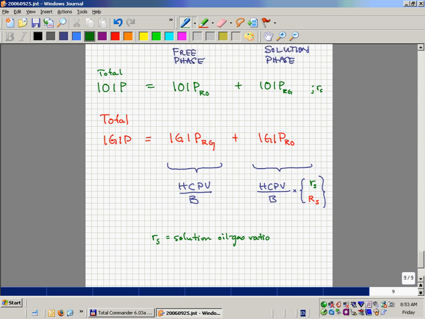You're getting a liquid from a gas. And down here, we're using the initial gas in place from the reservoir oil. In Ekofisk that was this big number, right? And the RS was like the 300 standard cubic meter per standard cubic meter number.